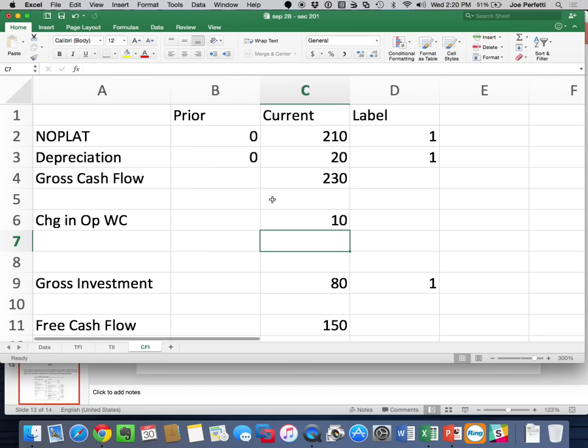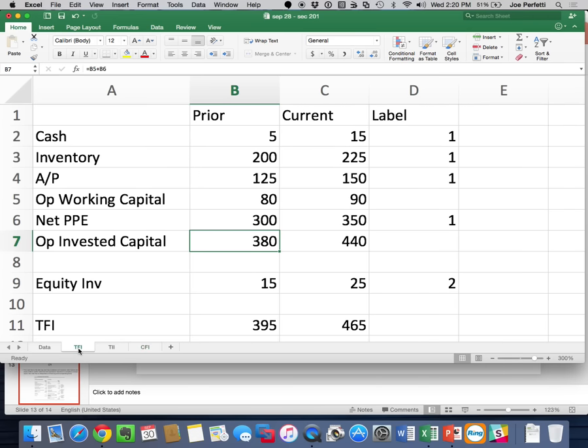Now, I'll give you another note. This is where Investopedia will fail you in this class. This is why you have to follow the process that's in the book, because the key here is operating working capital. So, for example, if we have excess cash, which you will have on your homework assignment, then that's not going to be part of working capital.